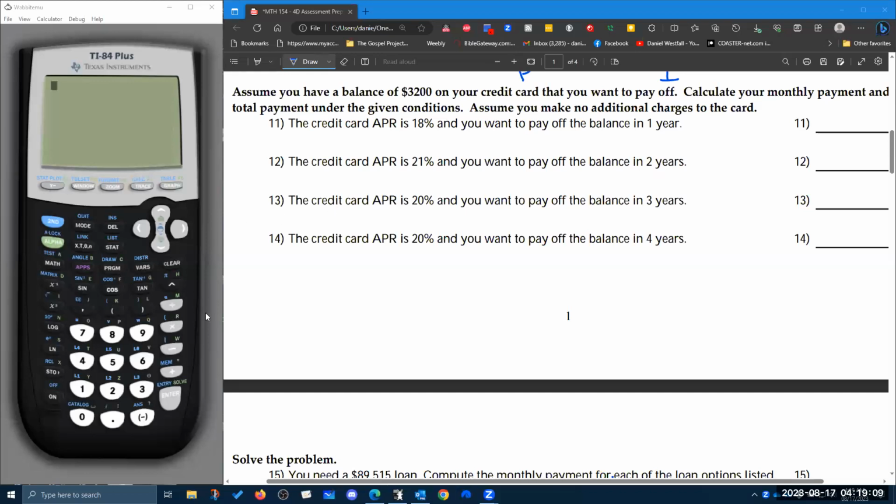So our payment formula again is going to be principal times interest rate divided by number of payments in the year, which is going to be 12, divided by 1 minus, parentheses 1 plus interest rate divided by number of payments in the year raised to the negative of the number of payments made in a year times the number of years, close parentheses for the denominator, and we get a monthly payment here of $293.38.